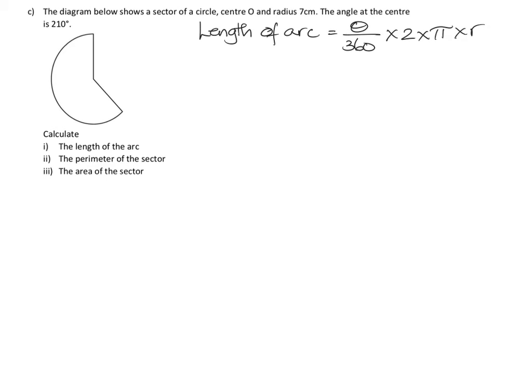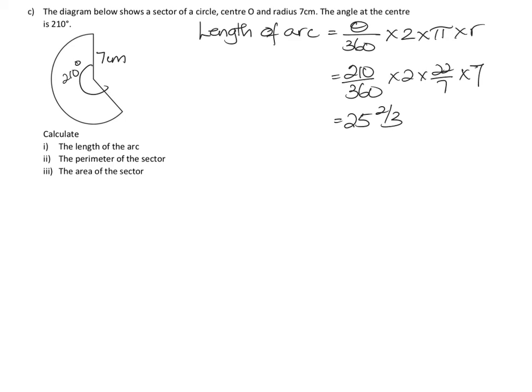So the length of the arc in this question, since the radius is 7 centimeters and the degrees is 210 degrees, it will be 210 over 360 multiplied by 2 multiplied by 22 over 7 multiplied by 7. So that gives us 25 and 2/3.